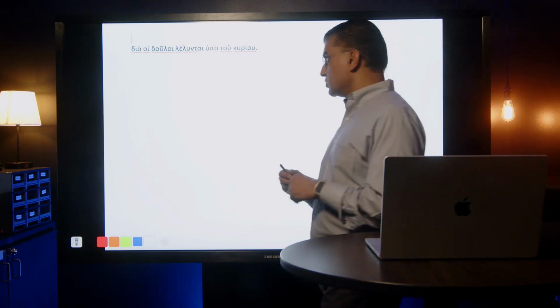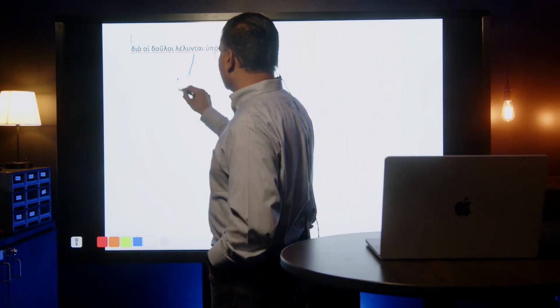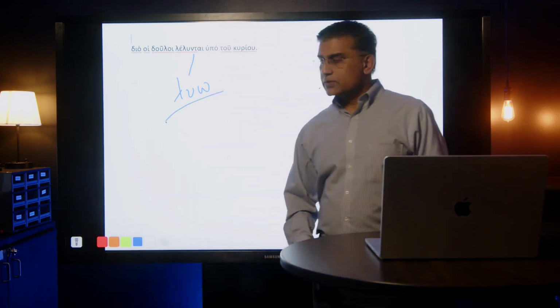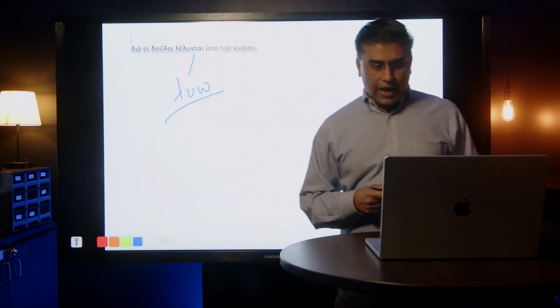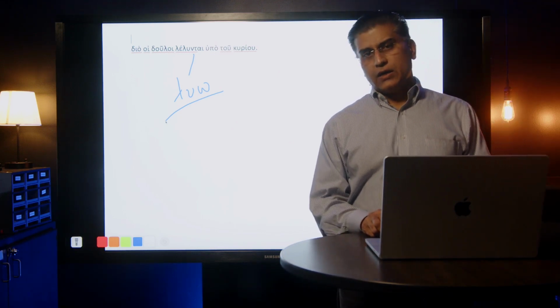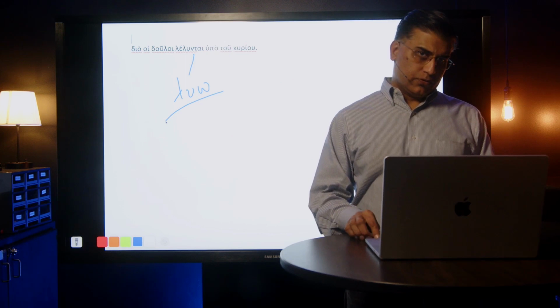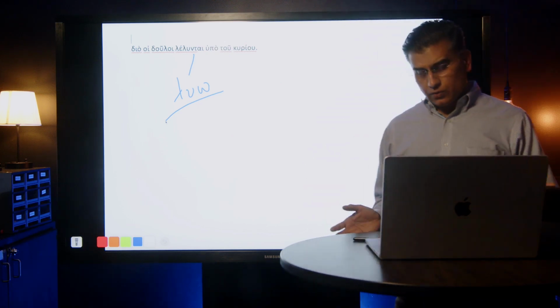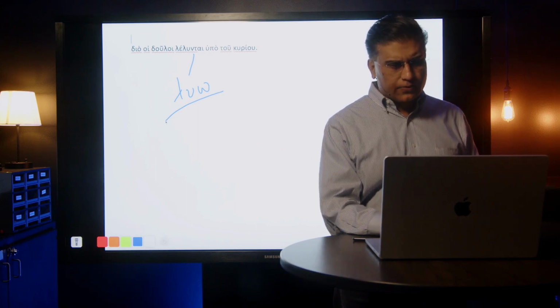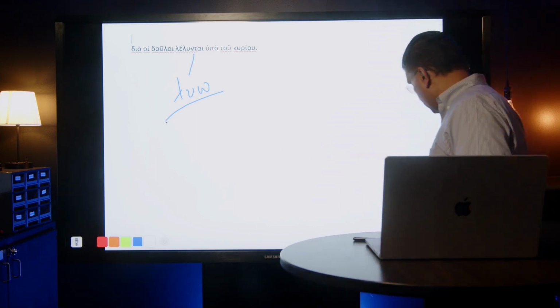You should know this by now, as many of these are coming from luo, to loose. Leluntai, have been loosed. Hupo, by, tou kuriou, the genitive, by the Lord. Okay, very simple, easy one. But let's go to number 3.